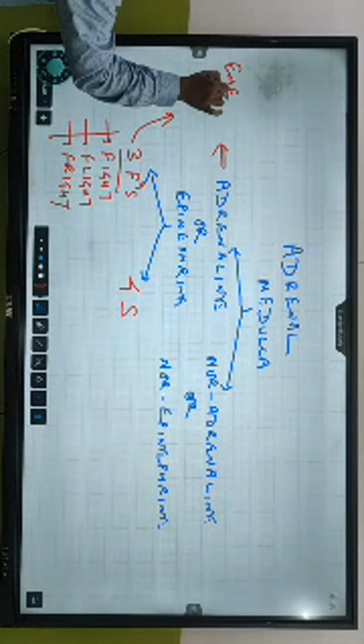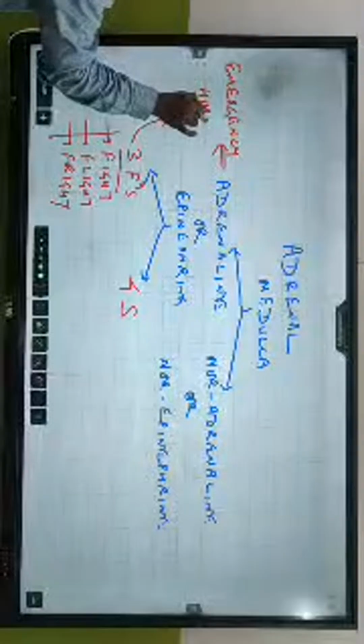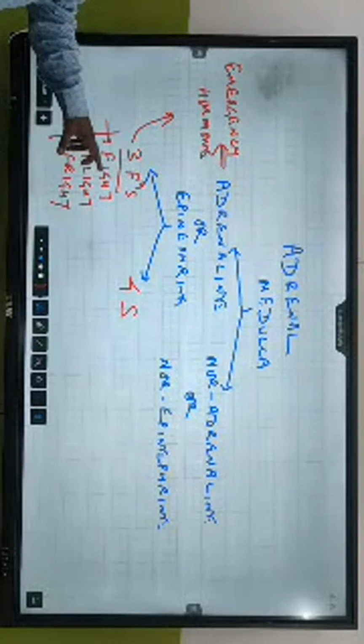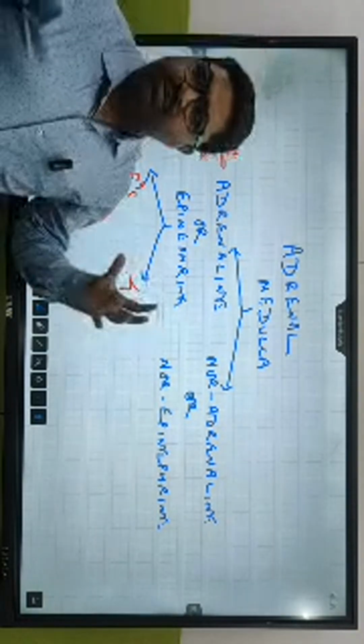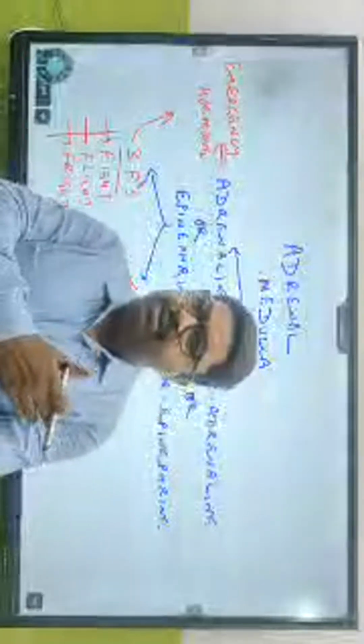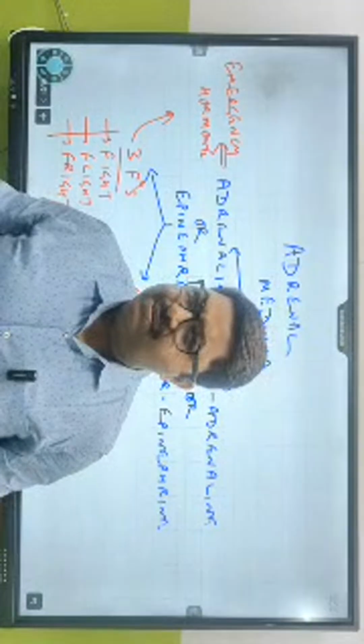We do not call this stress hormone, we call this an emergency hormone. Adrenaline is called as emergency hormone. Now, they help in fight, flight, and fright. So you cannot fight without having adrenaline rush. Adrenaline rush is going to increase your heart rate, and it's going to increase the blood flow in all your muscles, all your body parts.